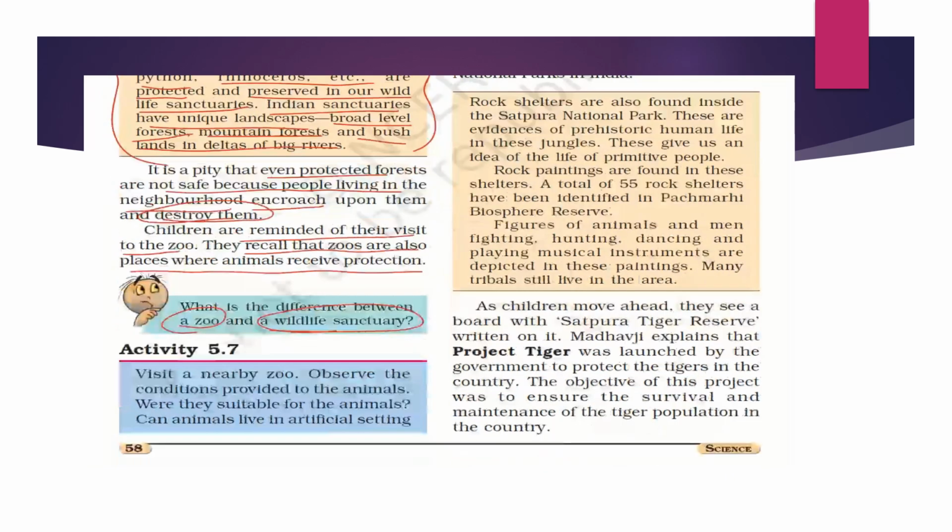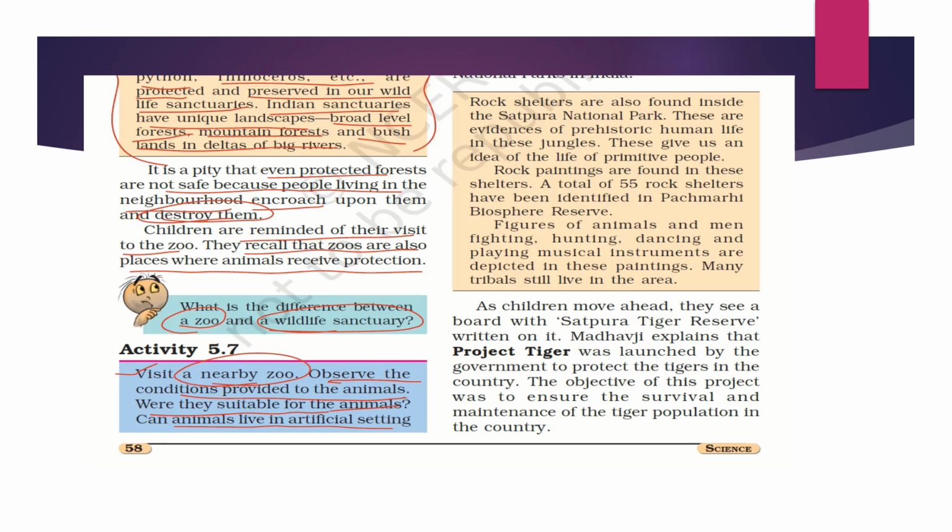Now here is another good activity. You are supposed to visit your nearby zoo, observe the conditions provided to the animals, whether they are suitable for the animals, and whether the animals can live in an artificial setting. You can see in the zoo the snakes, crocodiles, hippopotamus, all the animals are living in an artificial setting. For the elephant and others, a setting like that of a forest is created.